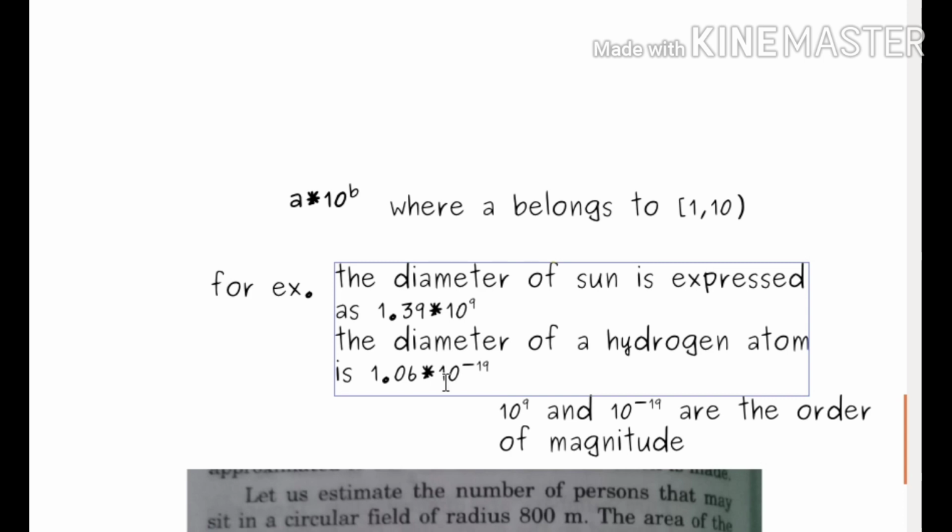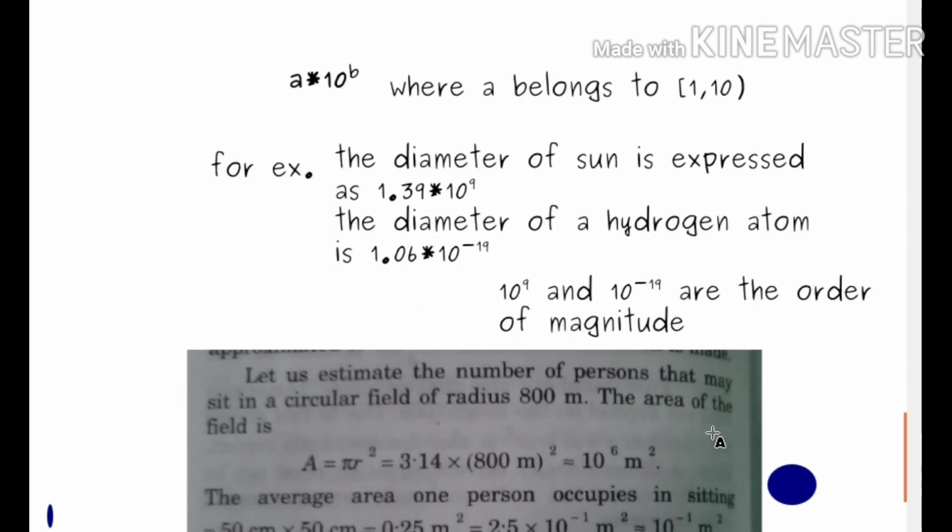But what about 10 to the power minus 19? This one also you can calculate. The difference is that this one is positive, this one is negative, but these numbers, 10 to the power 9 and 10 to the power minus 19, are known as the order of magnitude.